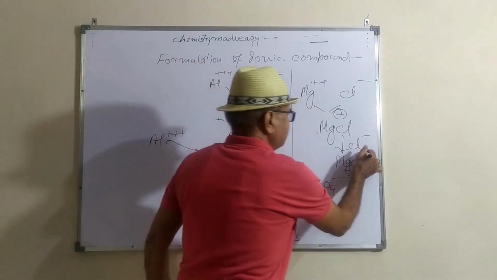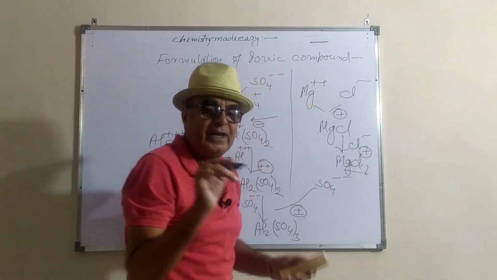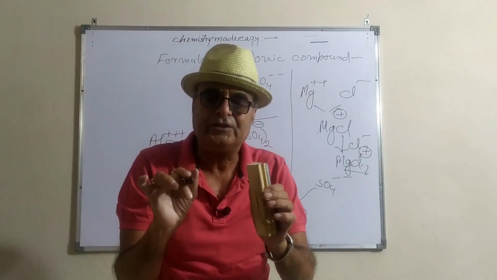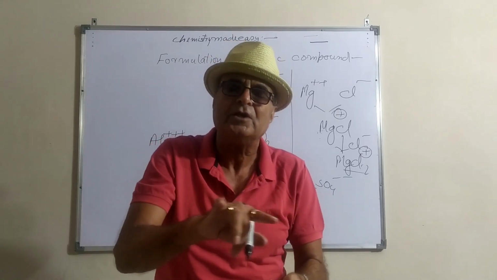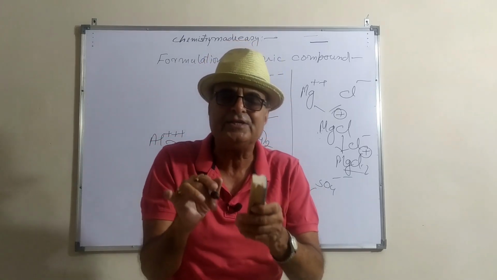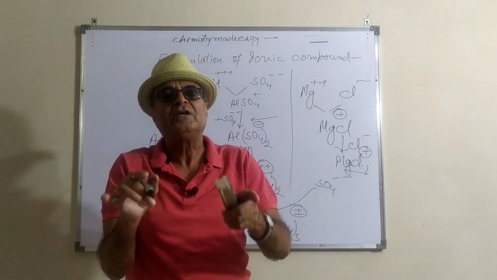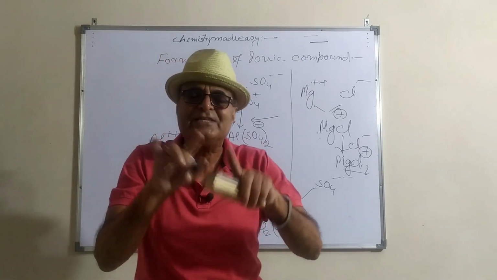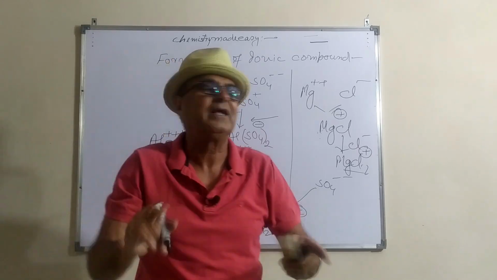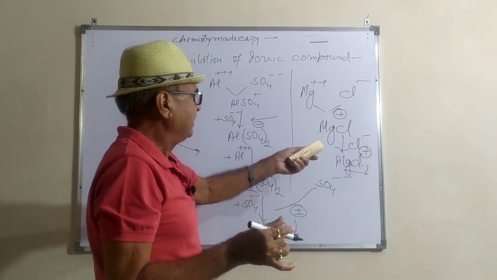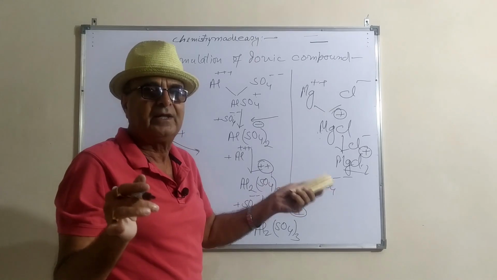So it is neutral. You have to formulate the ionic compound as neutral. So to neutralize the ionic compound, we cross multiply the valency of the respective cations and anions. I think you have understood.